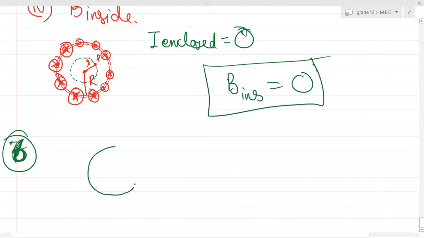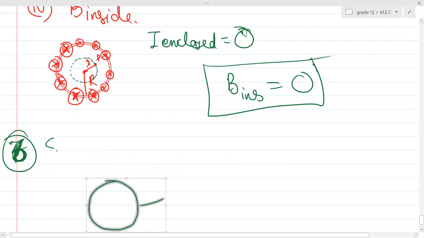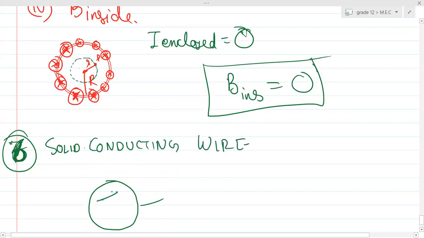Suppose, guys, this is a current carrying solid conducting wire. So when you have a solid conducting wire, the current is flowing throughout, right?